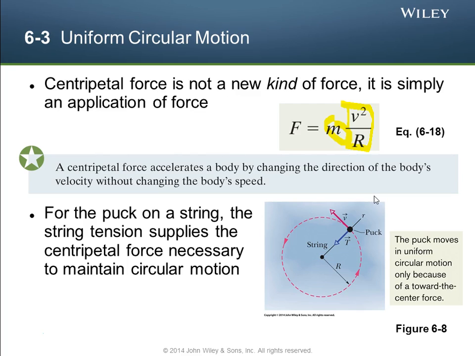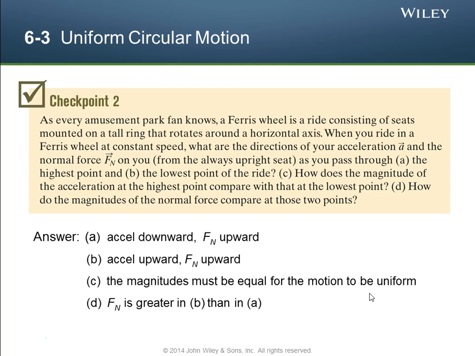Okay, and so we're going to use this equation a lot to calculate centripetal force, as long as it's the only force acting in that direction. Typically it will be, but there will be some cases that it doesn't happen. In this example, we have tension that's actually causing the centripetal force. So the tension is the centripetal force because it's causing the centripetal acceleration.